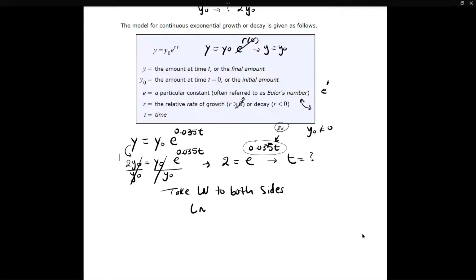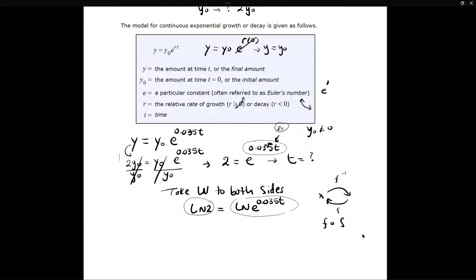And so we have ln 2. This is one quantity, not two parts. And ln of e to the 0.035t is one thing as well. What happens? We did this with inverses. Anytime you compose a function with its inverse, you get x.